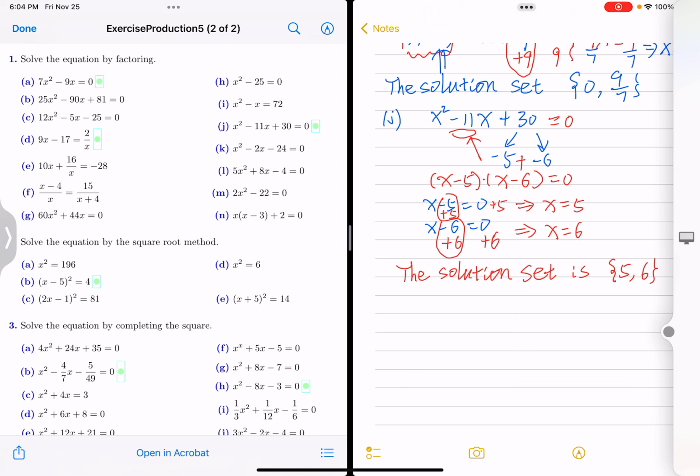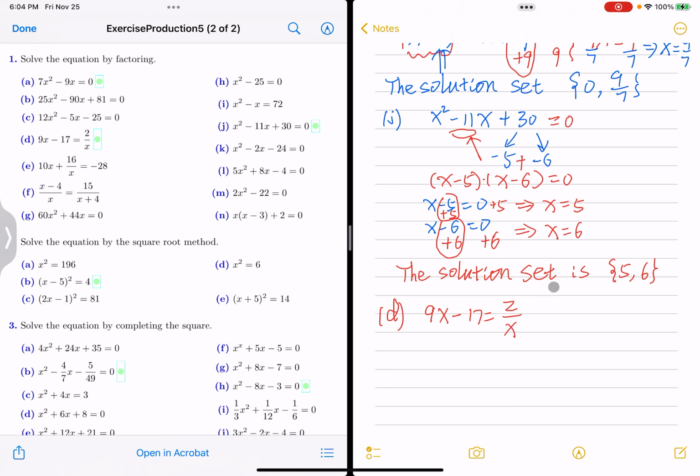We want to do D, question D. D is 9x minus 17 equals 2 over x. Now, we do not like the denominator because there is an x here.